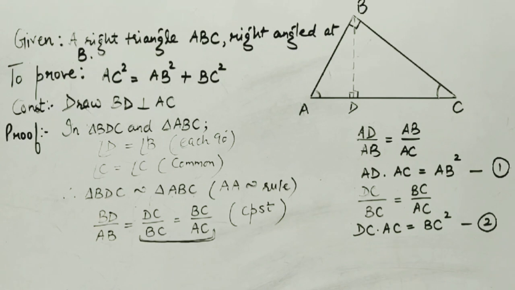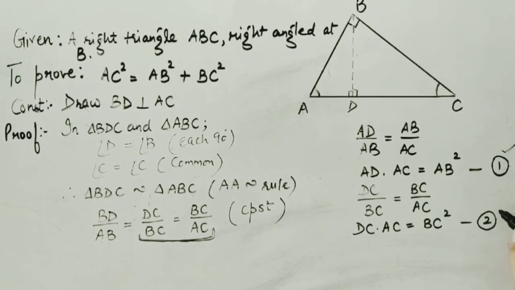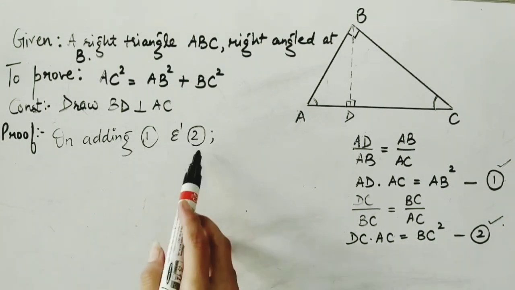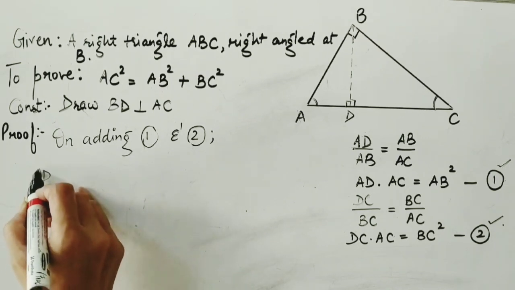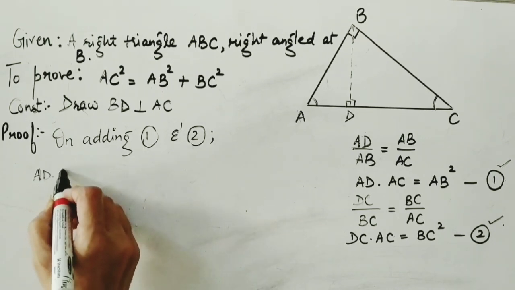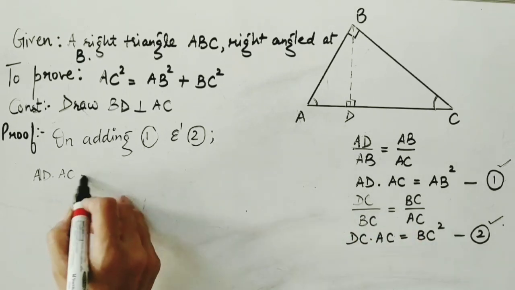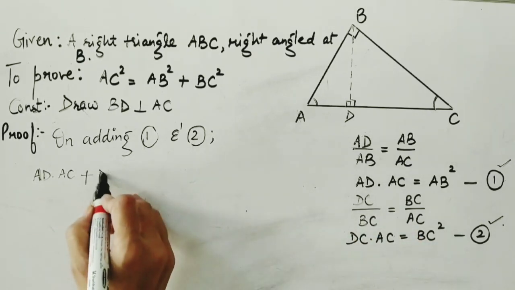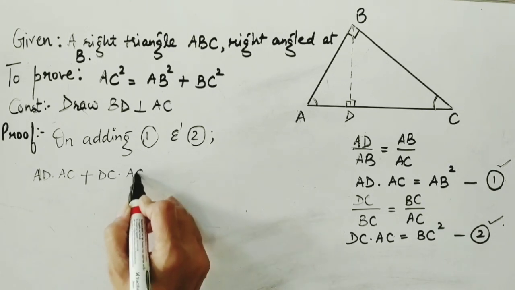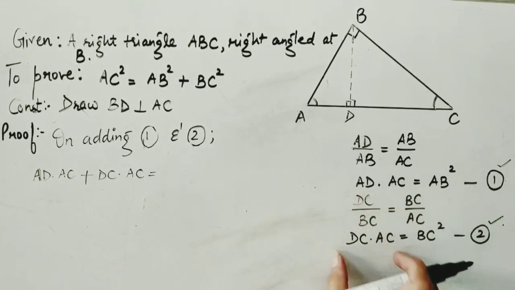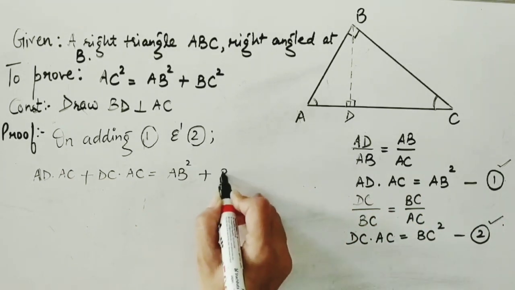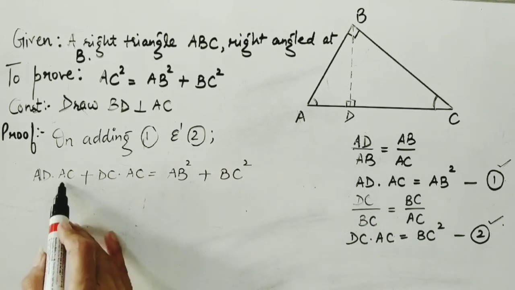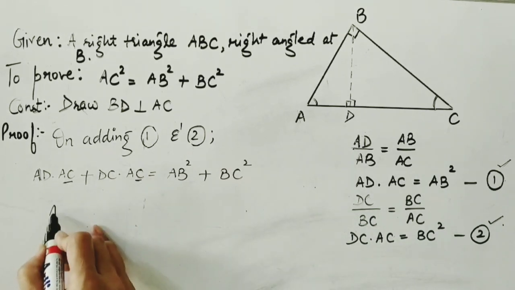In the next step, we would be adding equation 1 and equation 2. On adding equation 1 and 2, AD into AC would be added to DC into AC on the left side, and the right side is AB square plus BC square. Take AC common.